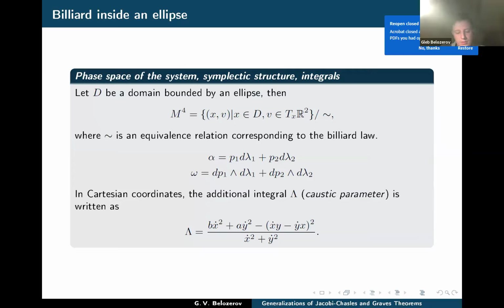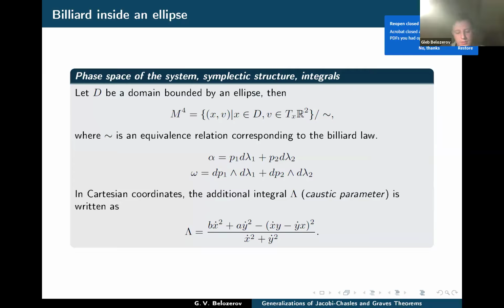It's interesting, but I don't know a connection between this theory, the theory of confocal billiards, and the theory of outer billiards. I don't know a connection between them, but it's interesting. Thank you. Outer billiards.